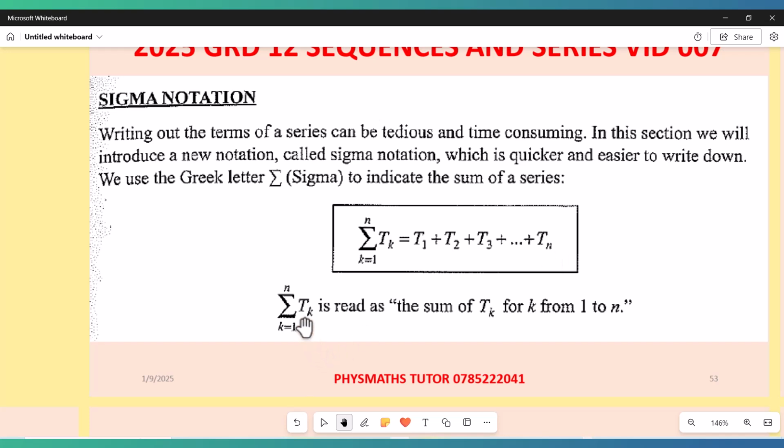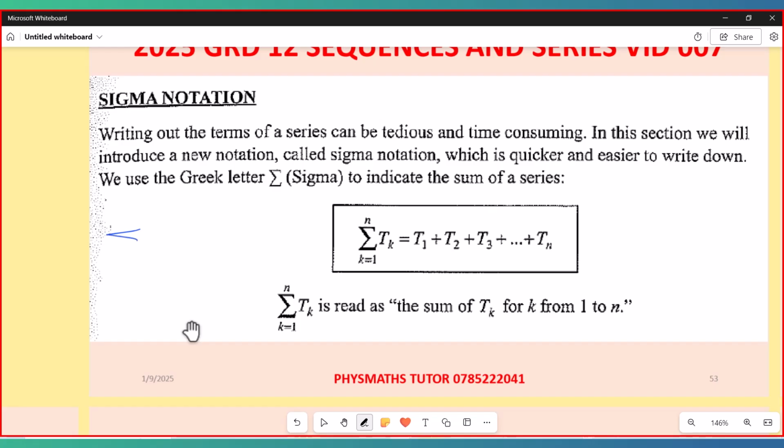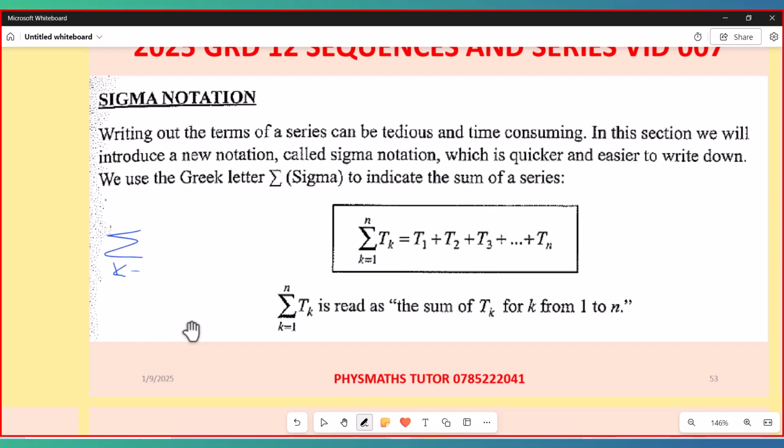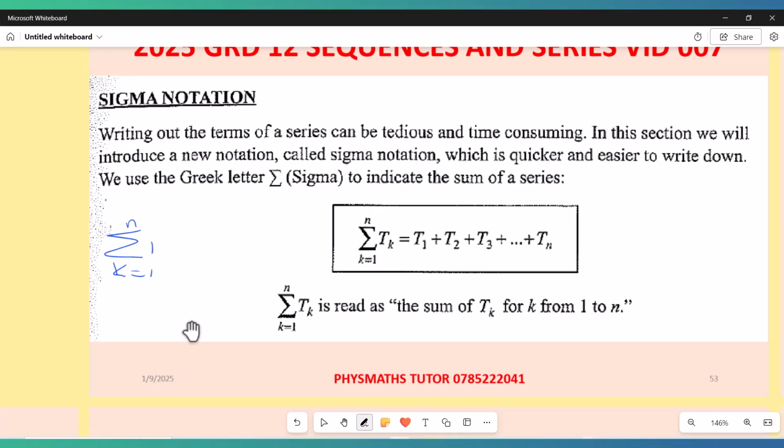If we talk about sigma like this, this notation we read as the sum of Tk for K from 1 to n. I repeat: the moment you see something like this in your test or anywhere, with K equals 1 up to n, and Tk next to it, how do we read it?